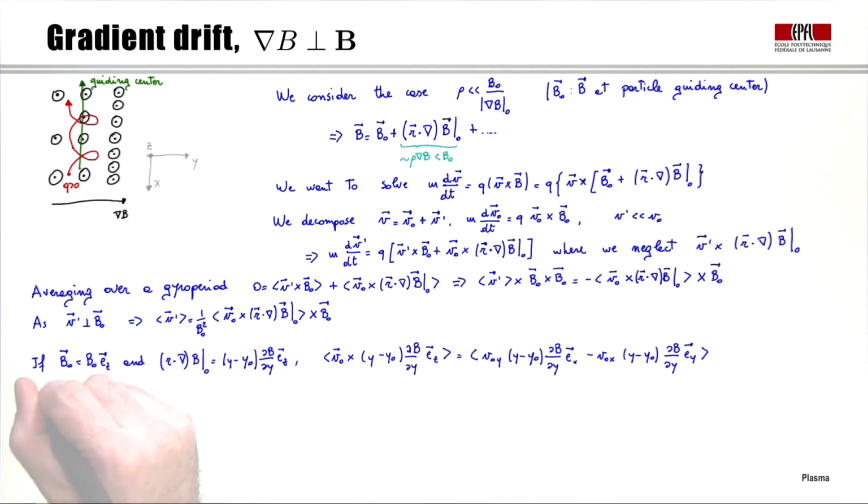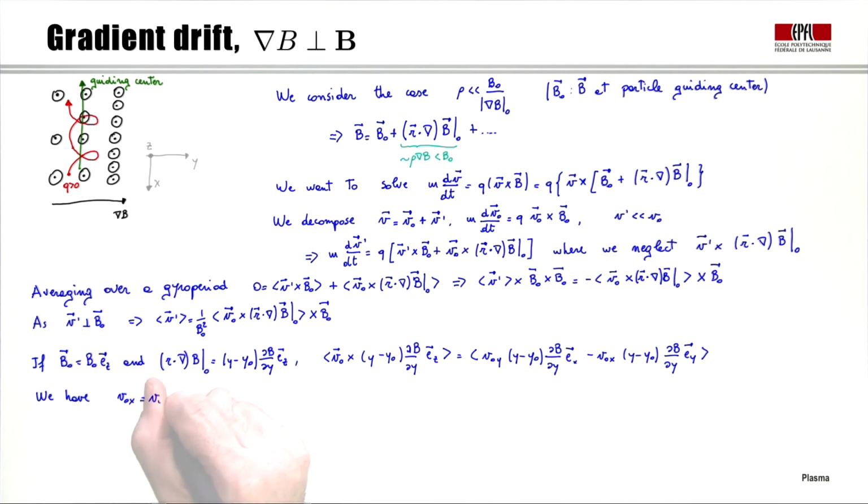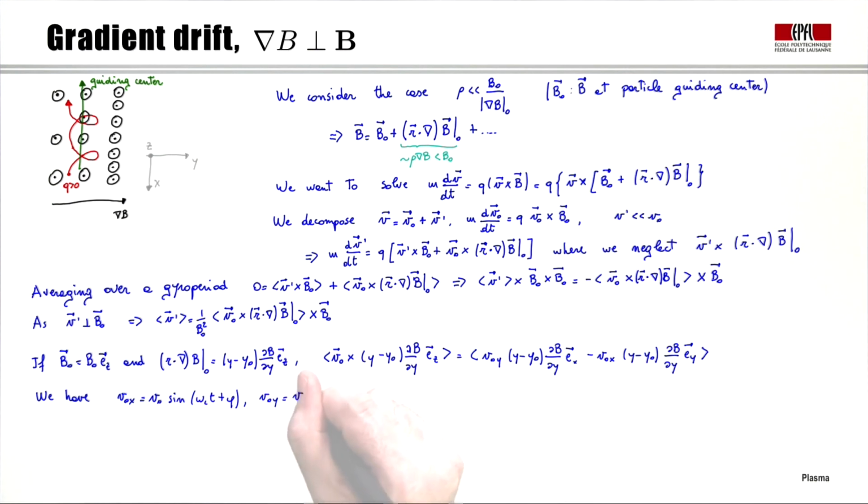Therefore, V0 does a circular motion, and V0x will be given by a sinusoidal oscillation, while V0y will be given by an oscillation with the same frequency, just shifted by pi over 2.